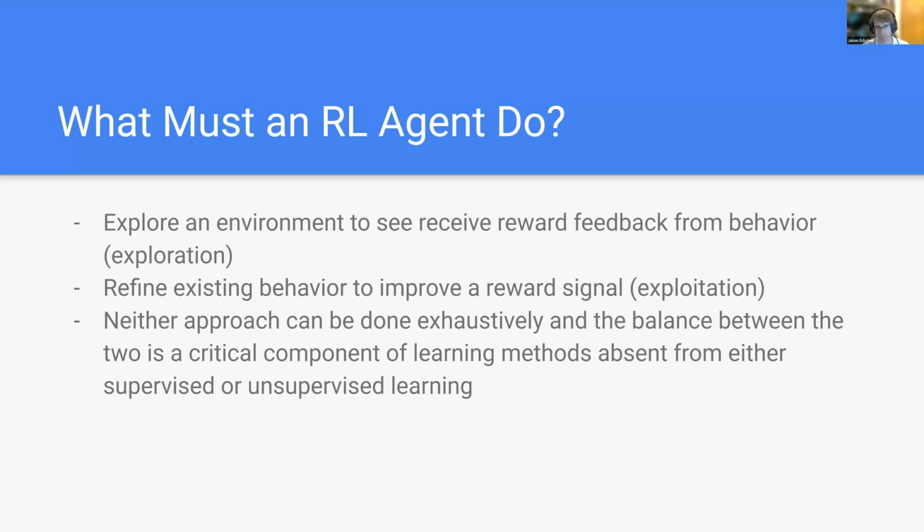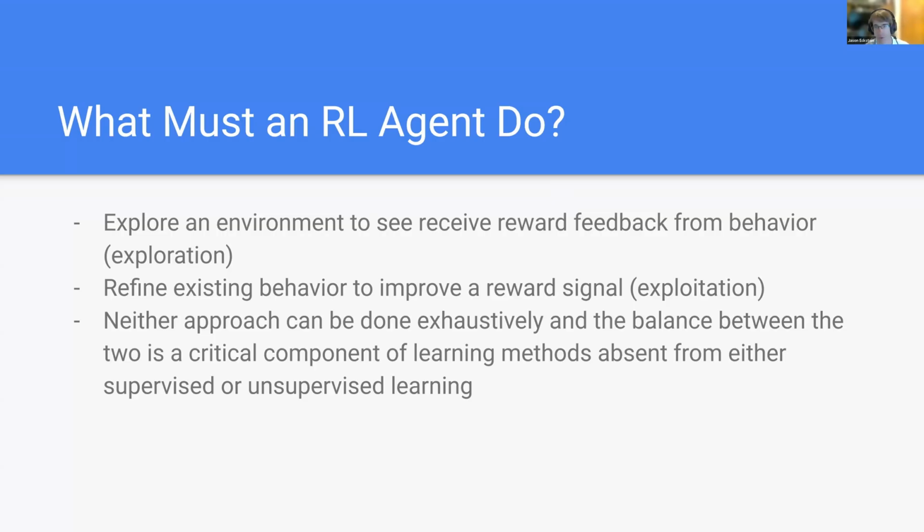And the exploration part of this is where it takes actions and tries to explore parts of the environment that it hasn't seen before. Whereas refining its existing behavior would be more an example of exploitation, where you already know something which is good or somewhat good, and you're trying to make an even better version of that.